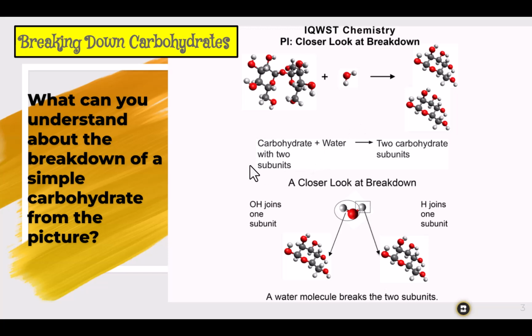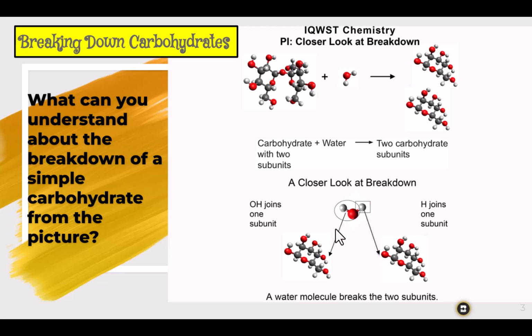Let's take a closer look at that breakdown. We know when there's a chemical reaction, atoms of the reactants will rearrange to form our products. And that's exactly what's happening here. If we take a closer look at this breakdown, the atoms that make up this molecule of water will divide.